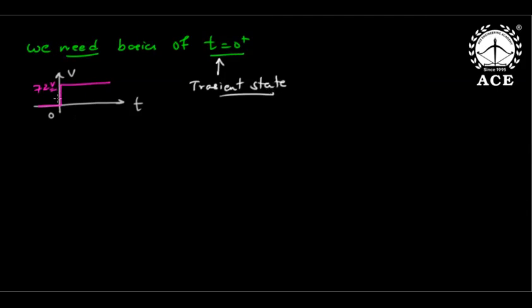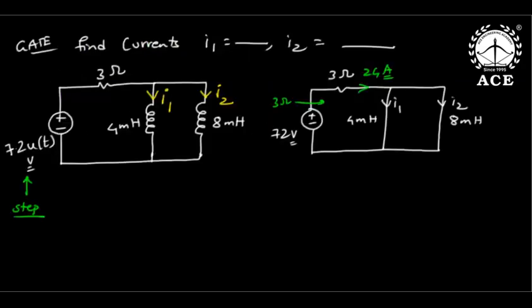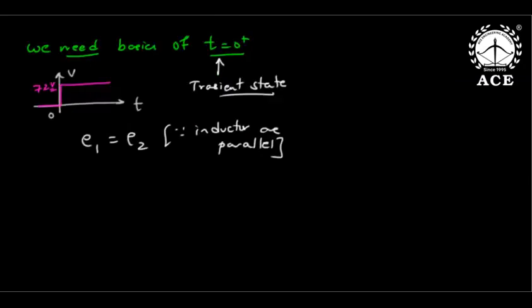In that transient state, when sudden change is happening, the coils are parallel, so induced EMFs must be equal. In steady state, inductors act like short circuits and there is no voltage. I need the steady state answer, but before reaching steady state there is a transient state.